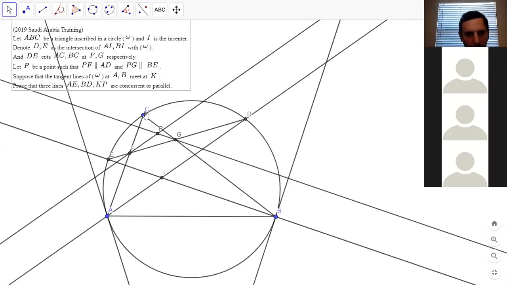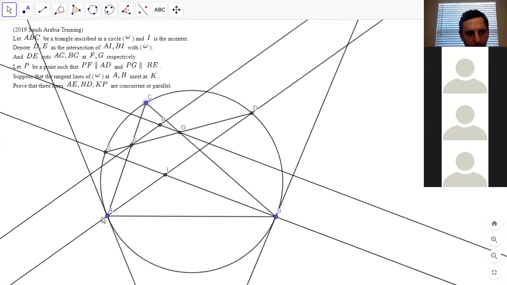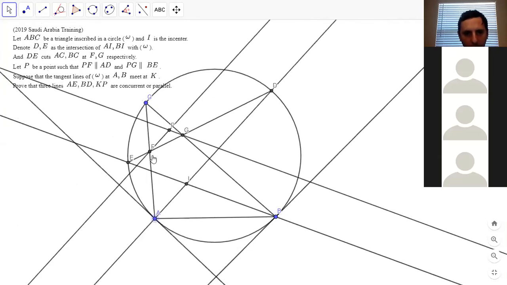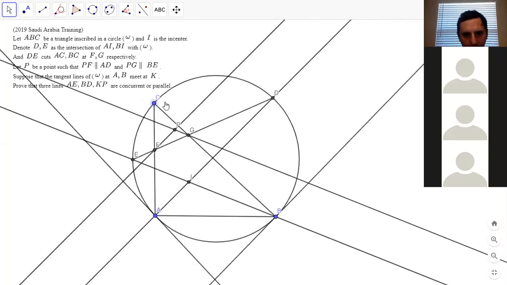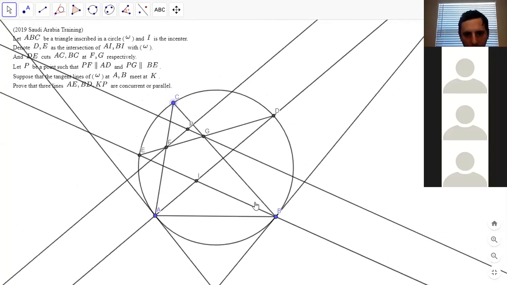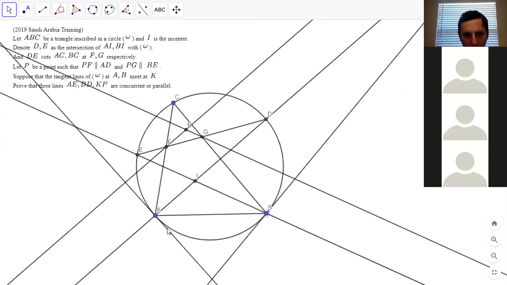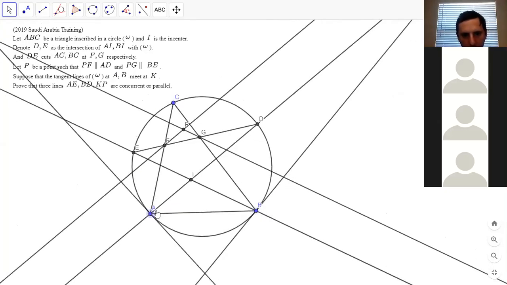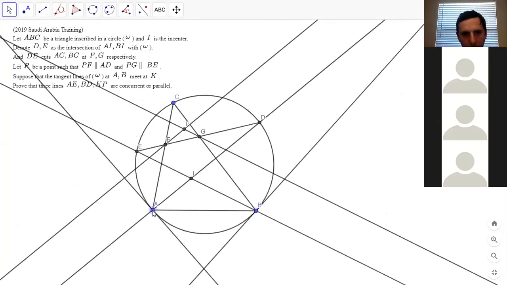All right. So yeah, we can't see point K, so let me shrink a couple things. I just want to see that point K. All right, that looks good.